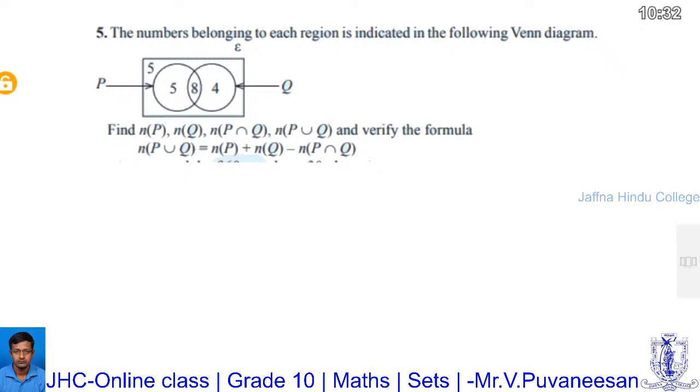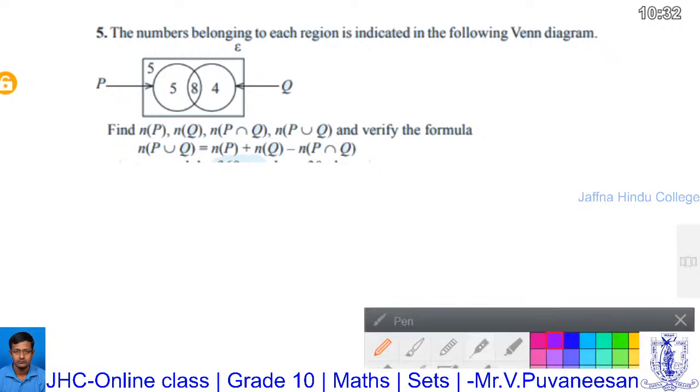A Venn diagram is given. Find number of P, number of Q, number of P intersection Q, number of P union Q, and verify the formula. First you have been asked to find these things and then verify the formula. Okay. So first write number of P.